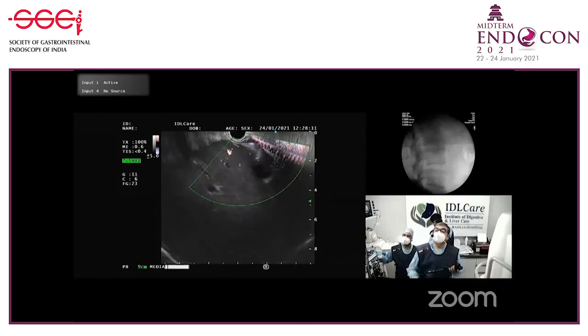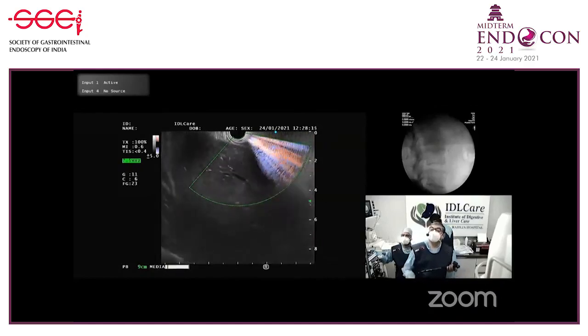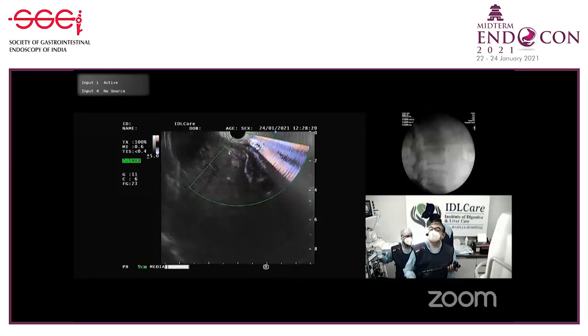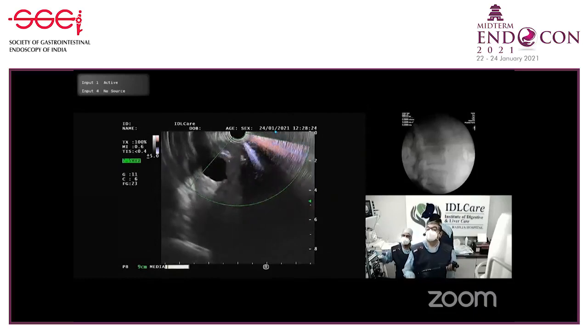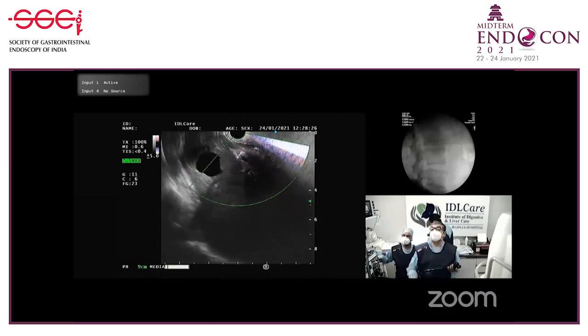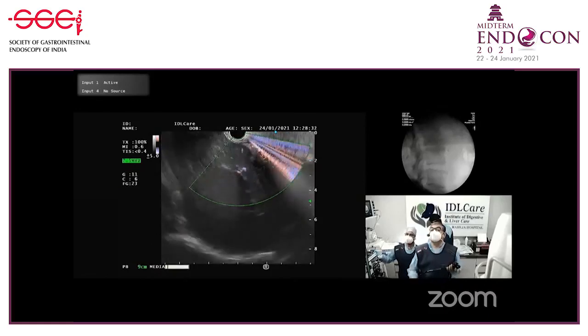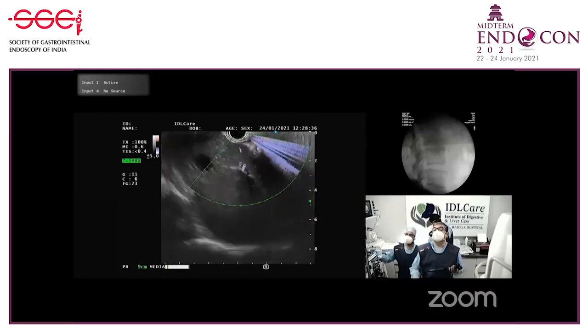And then on the left side, you see this huge thing, which is almost like a cystic dilatation. See here, this is massive. Now, whether it is communicating with a bile duct, we have to see. It's not a uniform, nicely dilated left ductal system, that I can tell you.